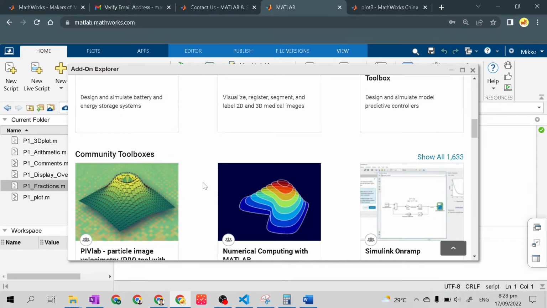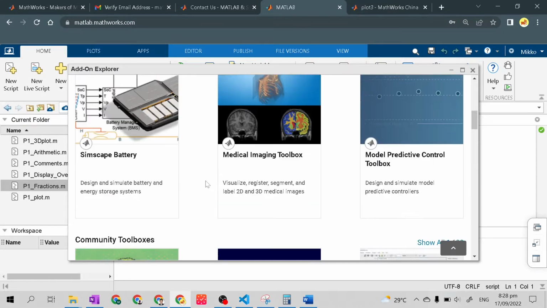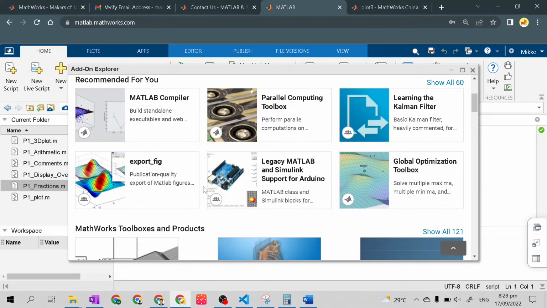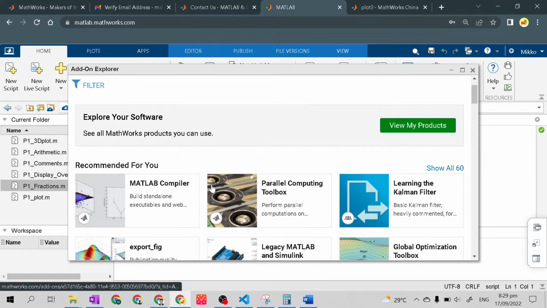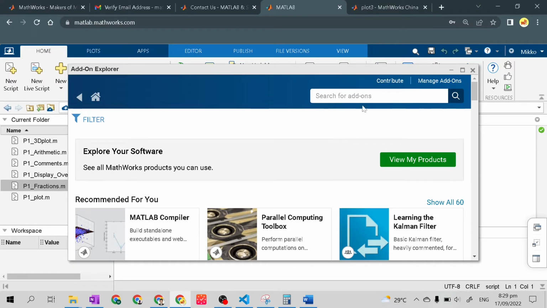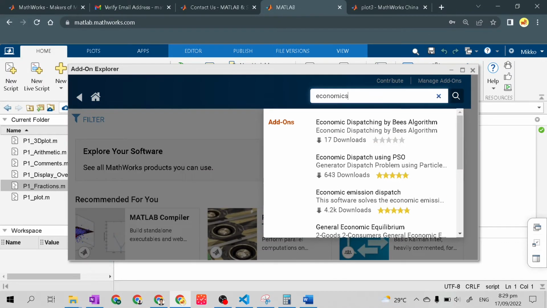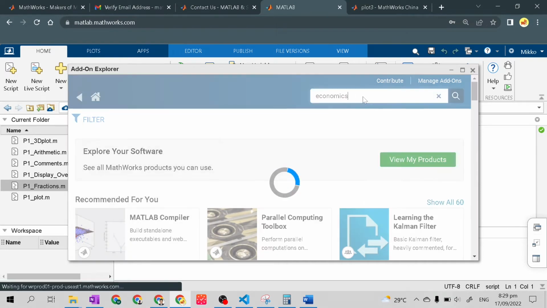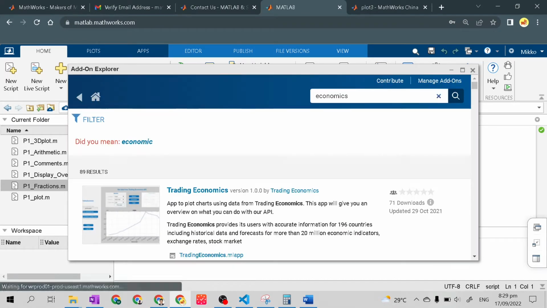This is the main advantage of MATLAB, the use of its toolboxes. Everything you need, from robotics to chemistry to economics. Let's see if there is an economics toolbox here. Oh yes, there is an economics toolbox.